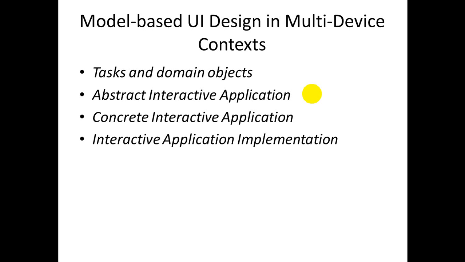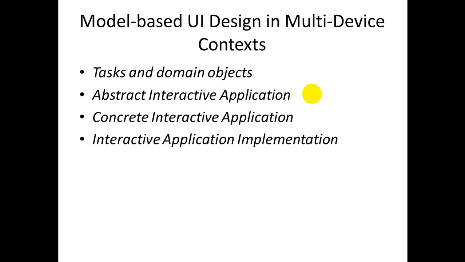Task and domain objects is a level whose purpose is to describe the activities that should be performed in order to reach the user goals, and the objects that need to be manipulated for this purpose. Second is the abstract interactive application.